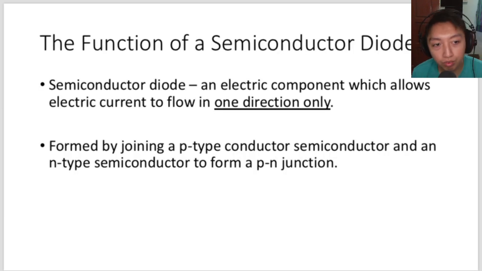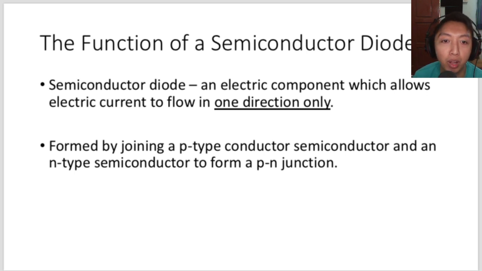We talked about this last week. The semiconductor diode only allows electric current to flow in one direction, and is formed by joining a P-type semiconductor and an N-type semiconductor to form a PN junction.